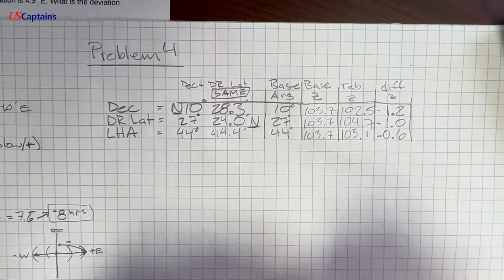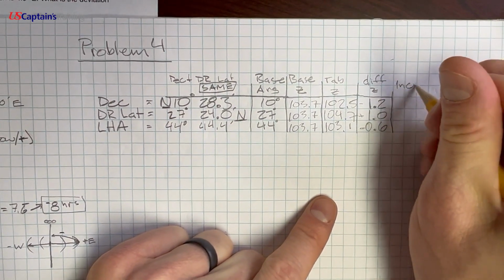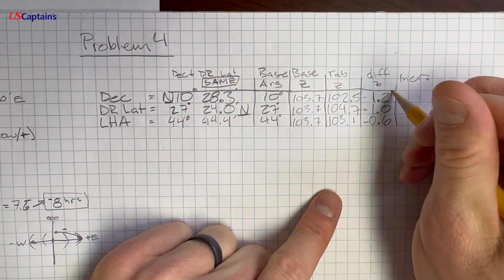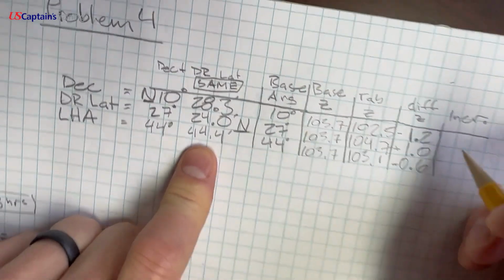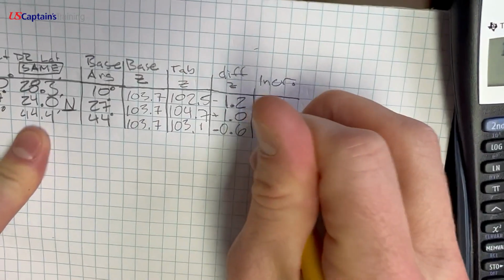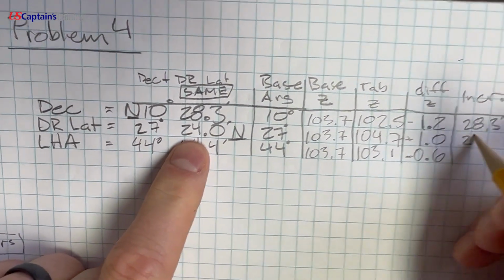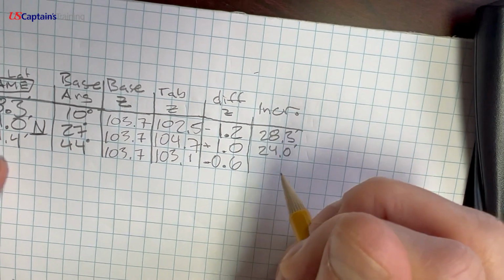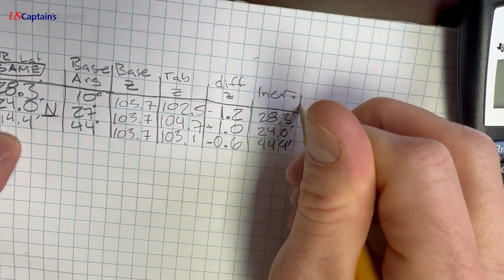And now we go on to find the increments. So the increments are just these. These are the increments, the minutes. 28.3 minutes, 24.0 minutes, and 44.4 minutes.